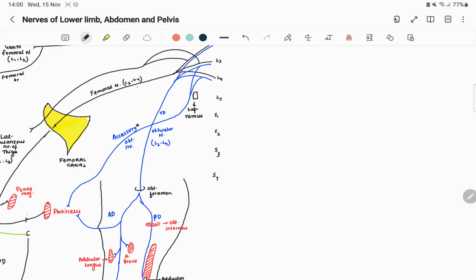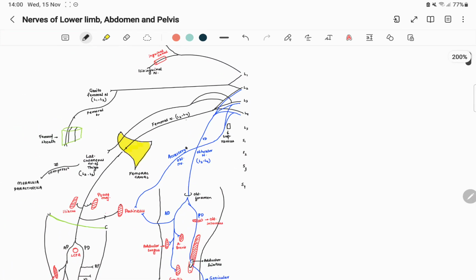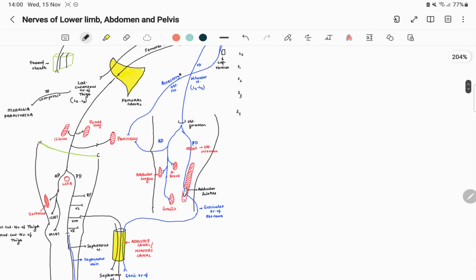It is optional, not always present. Understood?